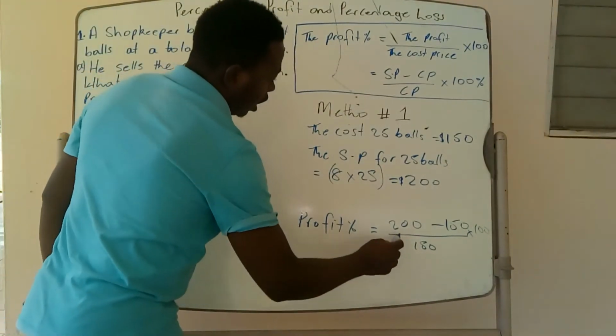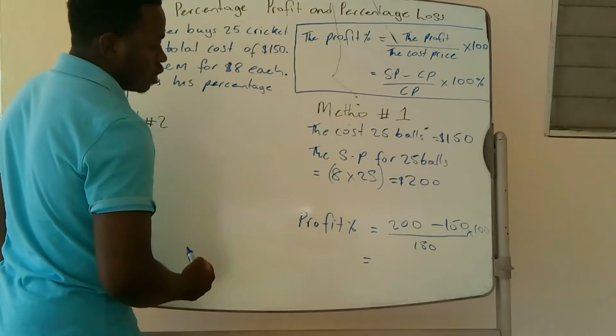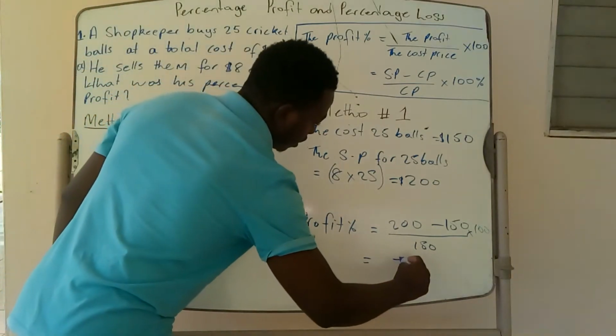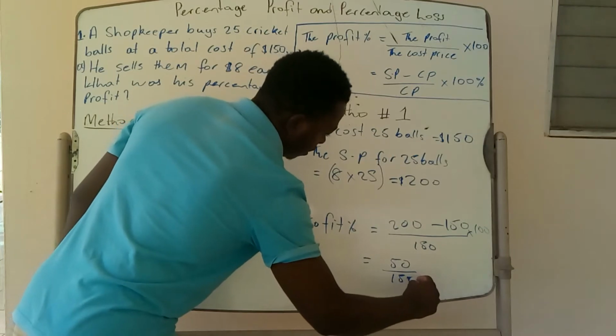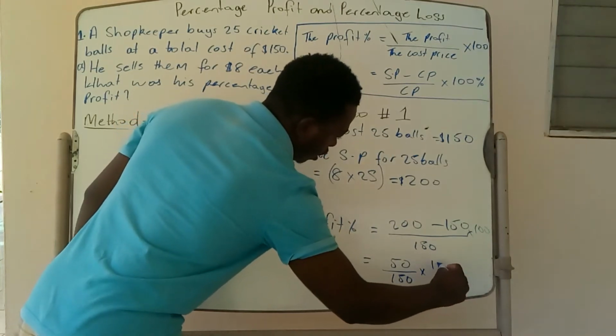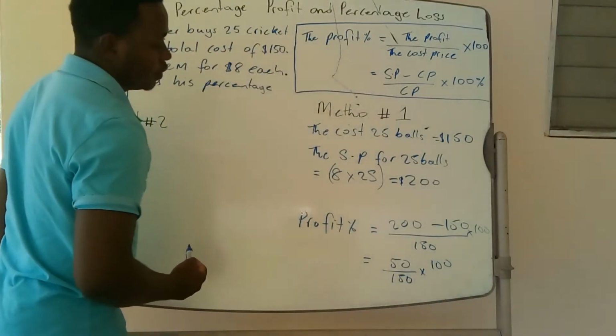Now, what is 200 minus 150? That's 50, right? So that's going to be 50 over 150 times 100.